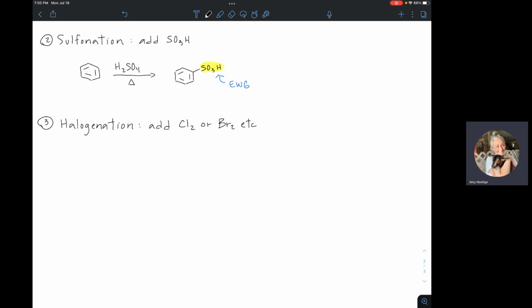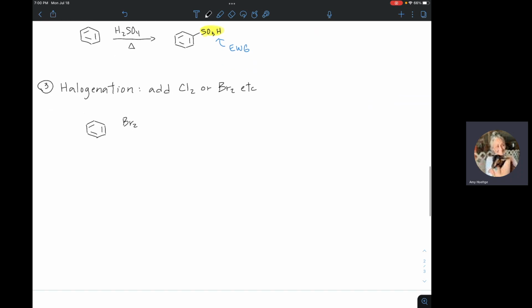This is going to be interesting because we are going to take our aromatic ring and we're going to allow it to react with a halogen, and these things exist as homonuclear diatomic species, don't they? So if I have just regular old bromine, it's just two bromines covalently bonded to each other. There's really no polarity, is there? Because they both have the same electronegativity. So that's a crappy electrophile, and it kind of is, right?